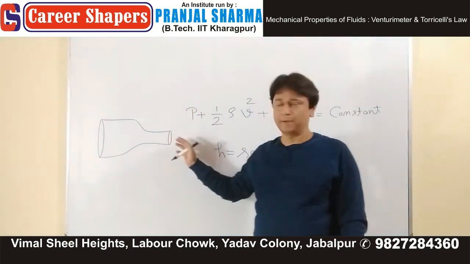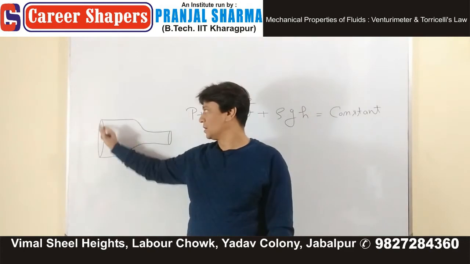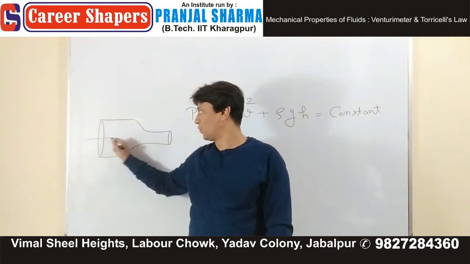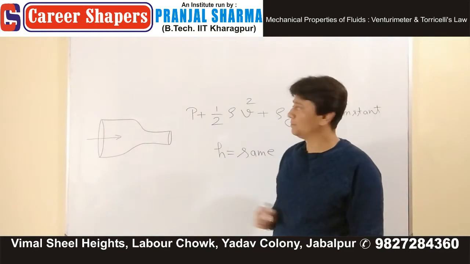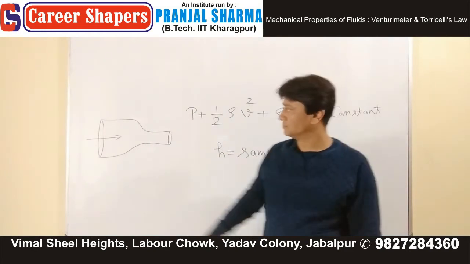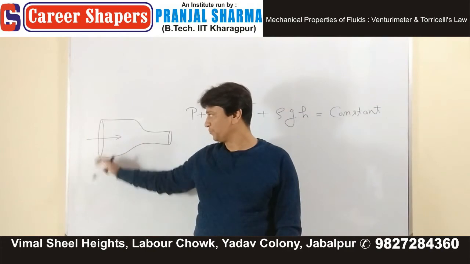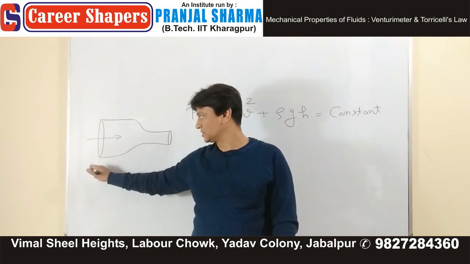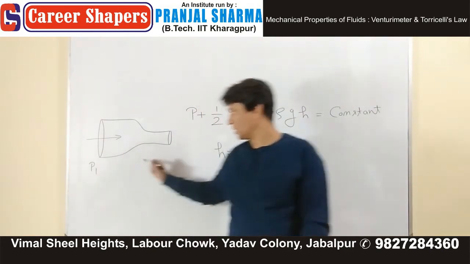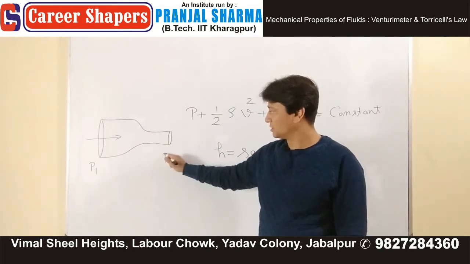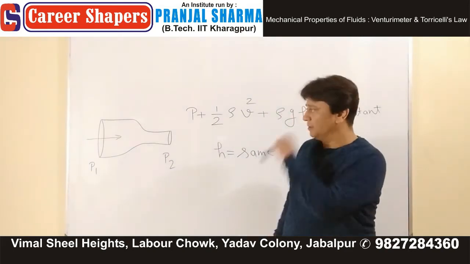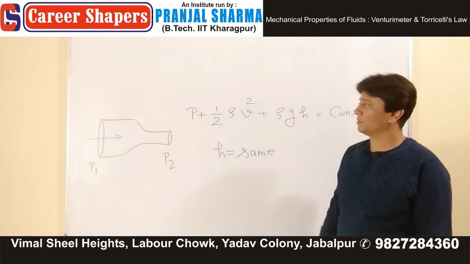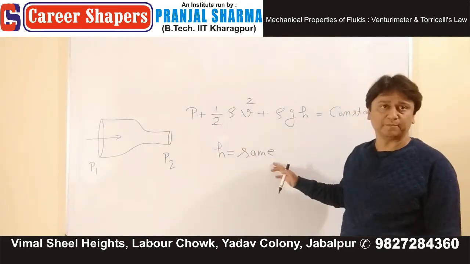We have a pipe, liquid is flowing in this through the pipe in this direction. Pressure at this place is P1 and pressure is P2 at this cross section. H is same.